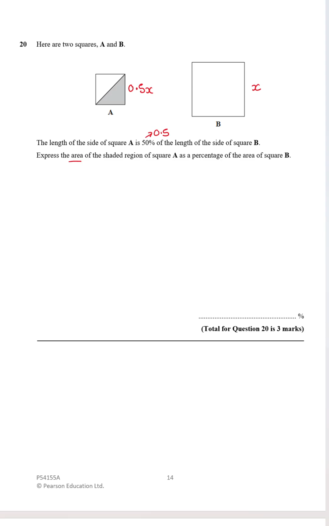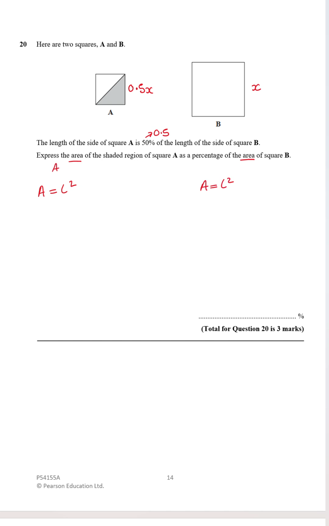It says the area of the shaded region, so the shaded region is here, it's going to be half of my square over here, as a percentage of the area of square B. Now we know it's an area question and we know they're both squares. So I know area equals length squared.